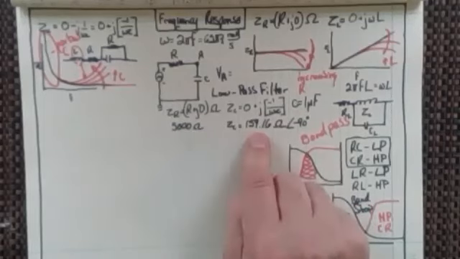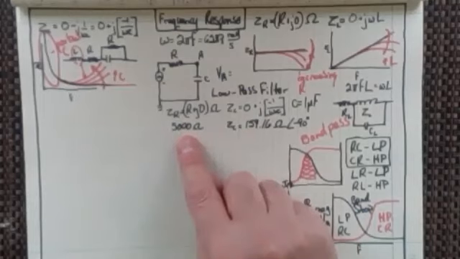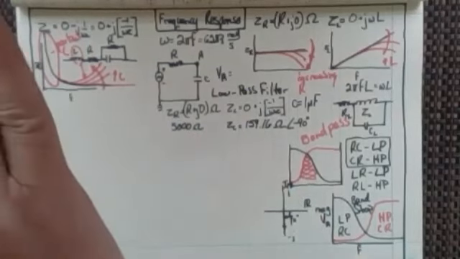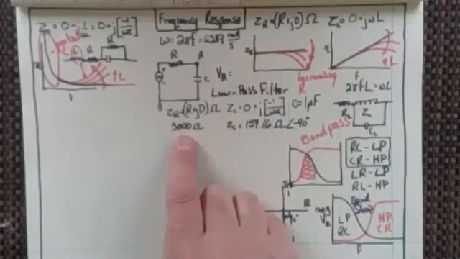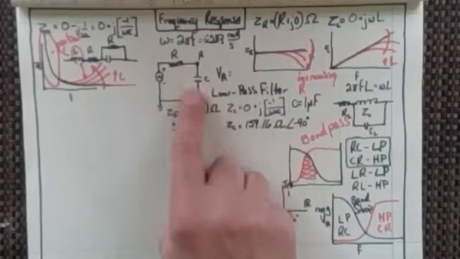That 159.16 squared compared to the 5,000 squared is nothing. So that would still give me the 5,000. So at 1,000 hertz, we're still going to have predominantly a resistive load in this circuit.